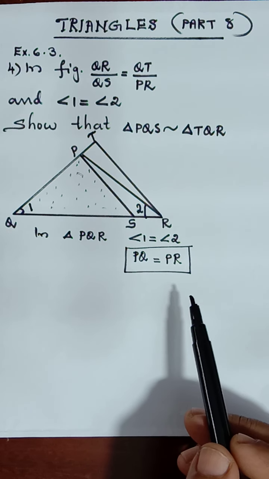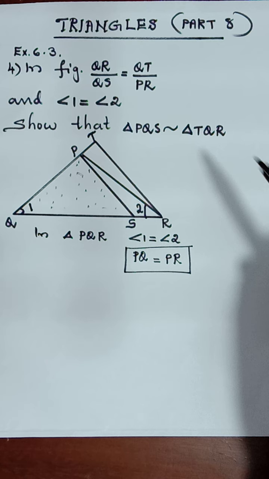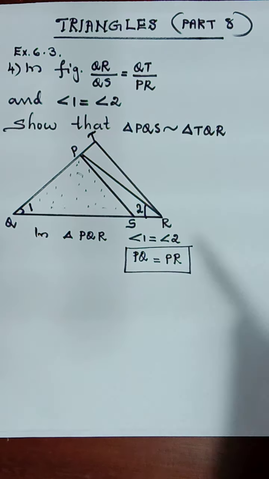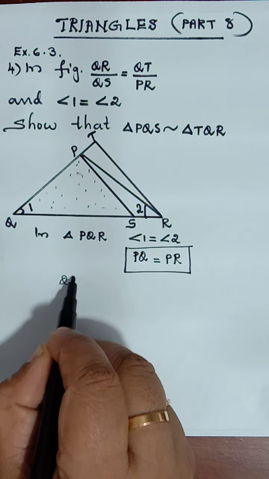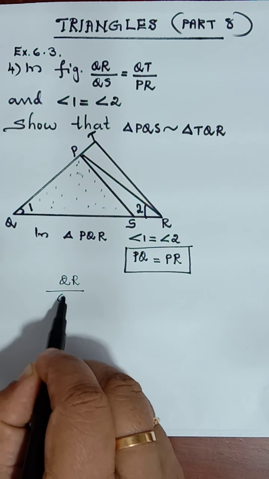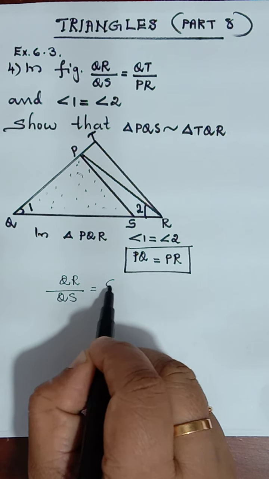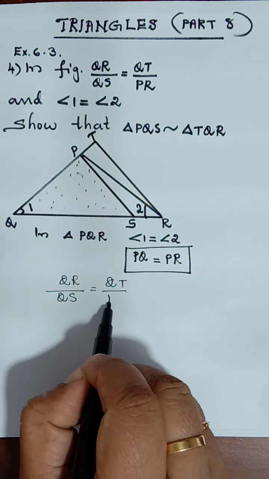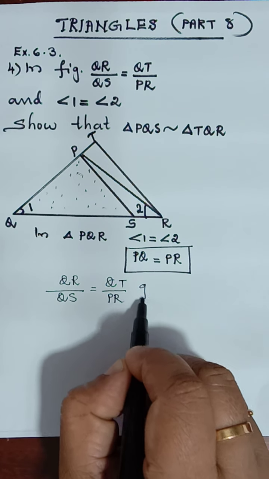Okay. So, shall we use this in the given point? In the given point, we can see that QR by QS is equal to QT by PR. It is given to us.